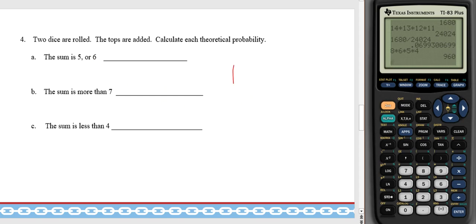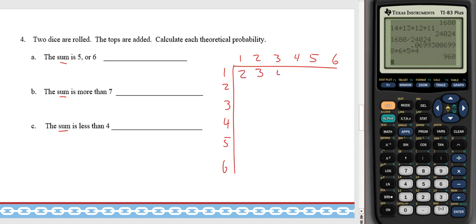Rolling dice. This is where we need that table. So we write our possible outcomes of each die separately. And then since we're doing all sums here, right, they're all sums in these problems, we're just going to sum the sides. So a 1 and a 1, a 1 and a 2, and so on.